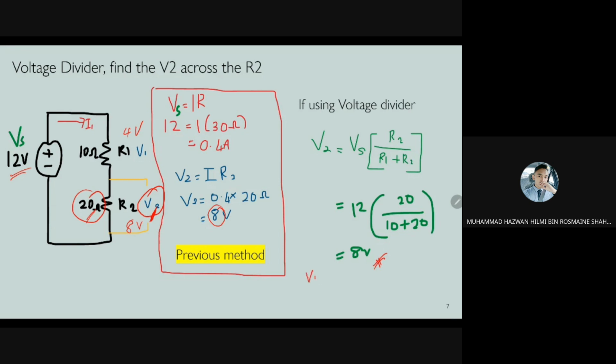If you want to get V1, it is equal to Vs times R1 over R1 plus R2, equal to 12 times R1, which is 10, divided by 30. So you get 4 volt. So V1 is 4 volt, V2 is 8 volt.